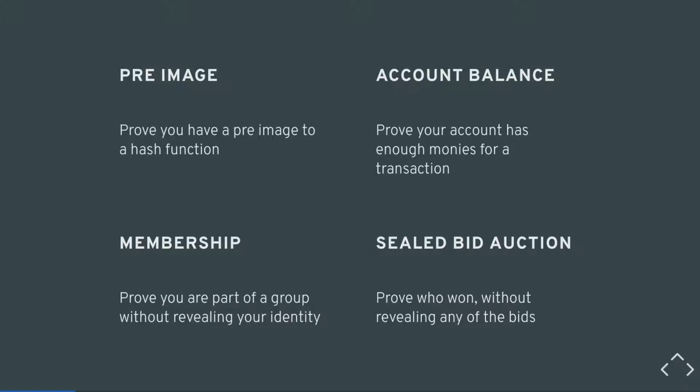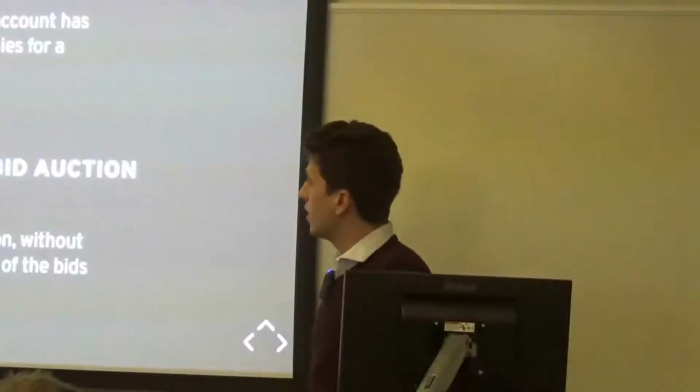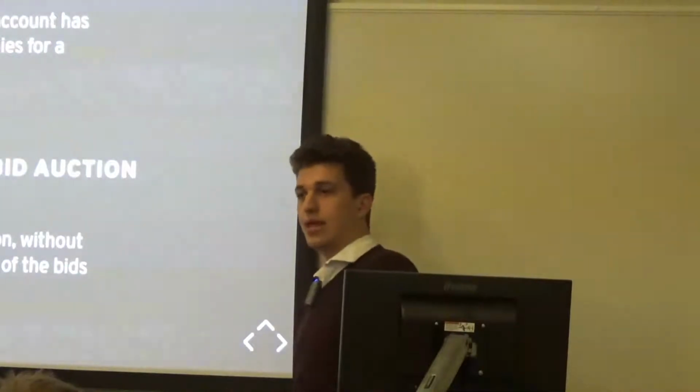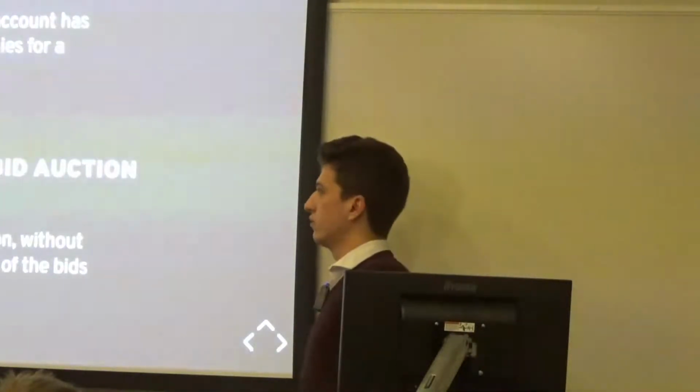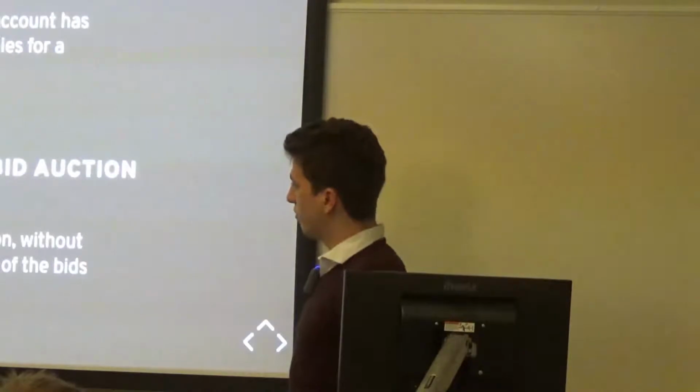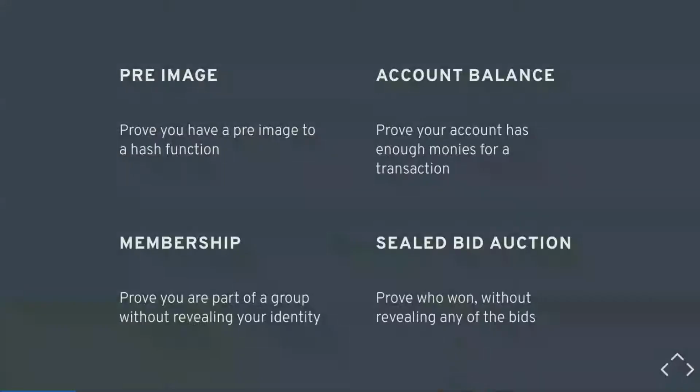Another example could be proving you're part of a group without revealing your identity within the group. Another one could be proving you have enough money in your account for a specific transaction without revealing your actual account balance. And then the last one, which I think is probably the most interesting, is if you have an auction, you can prove who won the auction without revealing any of the bids. I think that one's particularly interesting.